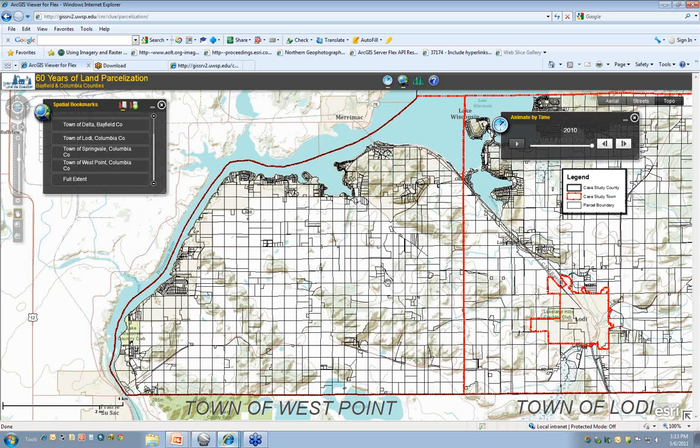And so the take-home message with that is that pattern does matter, and so if we can apply some of these spatial tools to how we analyze and assess parcelization, it could really help how the resulting landscape might be.